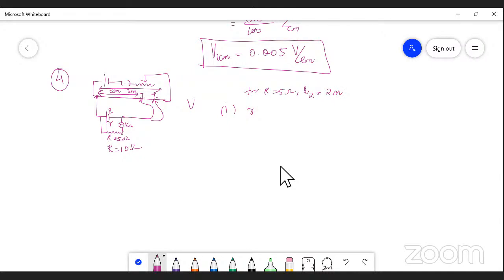Why am I writing L2? Because we saw the formula r equals (L1 divided by L2 minus 1) into capital R. What is this L1? The balancing length corresponding to EMF.